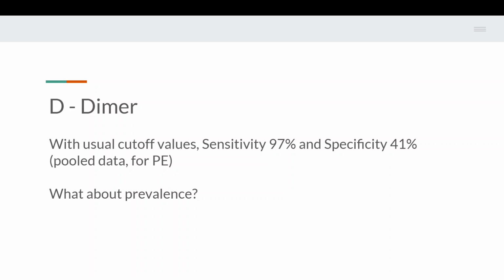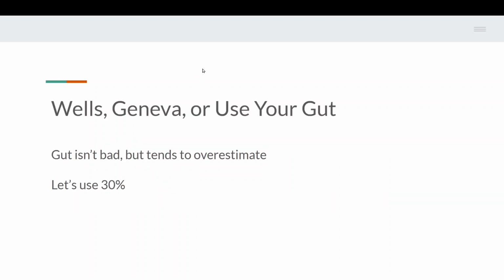Well, what about the prevalence? How do we know what the prevalence is when we're about to do this test? Well, there are some criteria that can give you ballparks, Wells and Geneva criteria, and there's also good data that suggests that if you use your gut, basically this person really looks like they're having a pulmonary embolism.